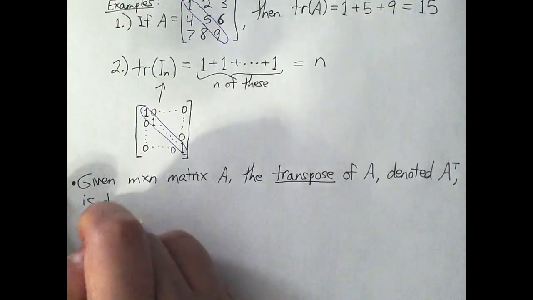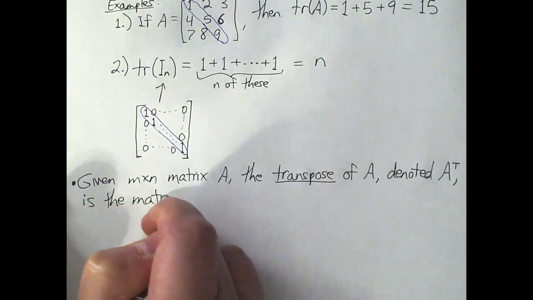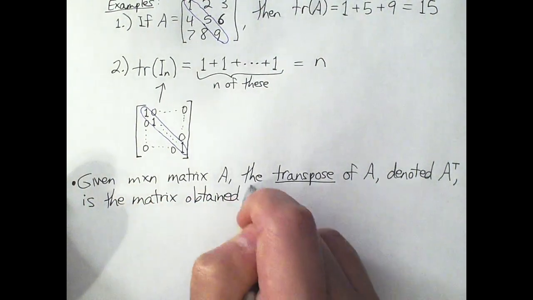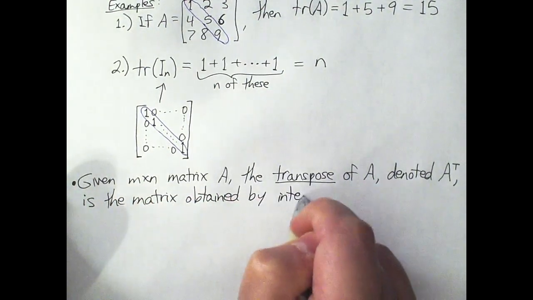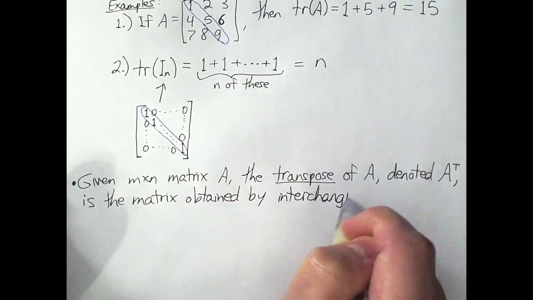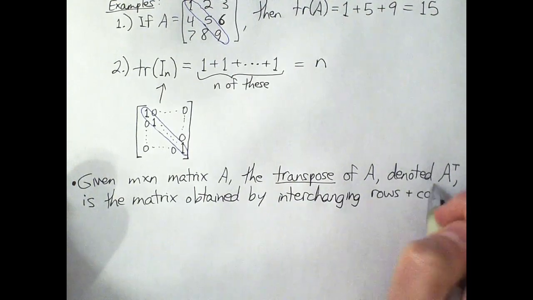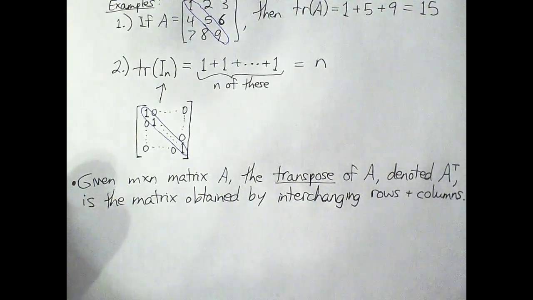It is the matrix obtained by interchanging rows and columns. And I'll show you what I mean by that.